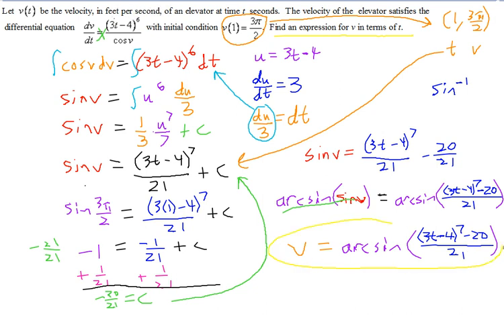Now we've got our answer. Notice if it was cosine v, then we would take the arc cosine. If it was tangent, we'd take the arc tangent, and so on. Because what these do, remember, sine of 3 pi over 2 is negative 1. If you took the arc sine of negative 1, it would give you back 3 pi over 2. It reverses what sine does, which is why they cancel each other out.